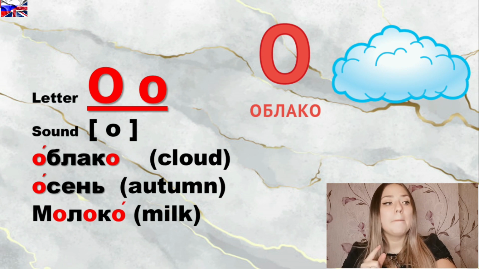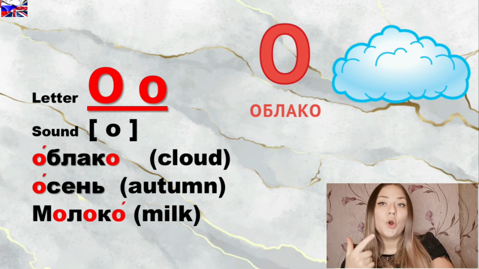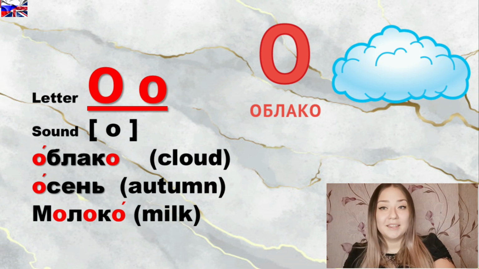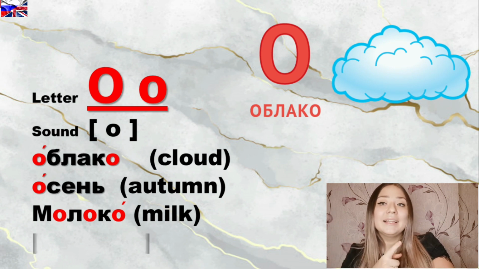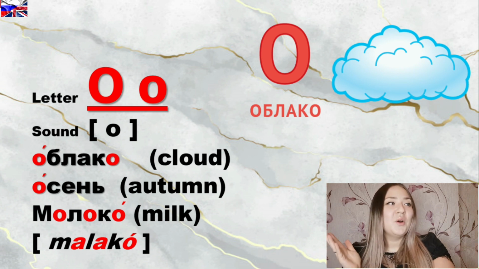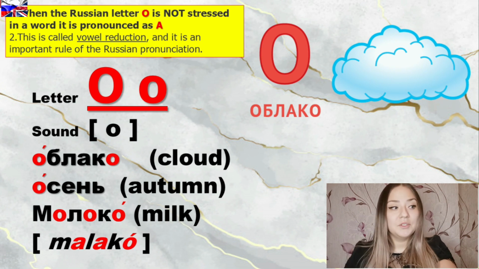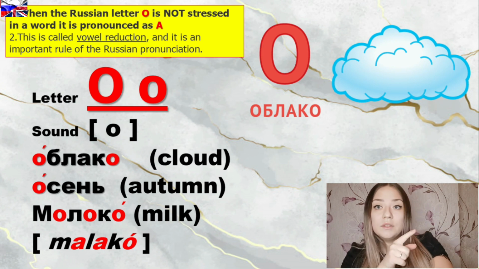And this one, okay, let's look at this word as well. Milk, for example, the word milk. Молоко. But you see, we write it with the letter O. But we don't pronounce it like this. We say it like this. Why does it happen? When the Russian letter O is not stressed in a word, it is pronounced as A. So you see the first two O are not stressed.